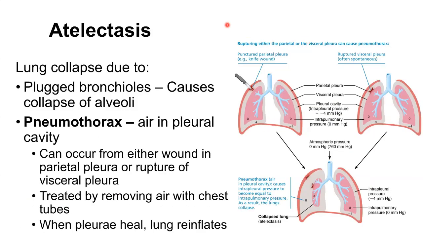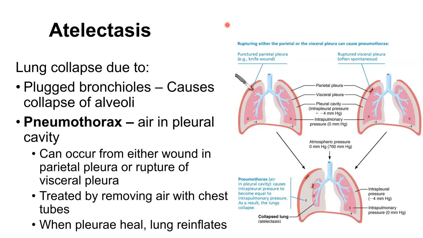So here's a further way to explain that. Atelectasis is lung collapse, and this can be caused by a few different reasons. For example, it can be caused by plugged bronchioles, which causes the collapse of alveoli. Plugged bronchioles might be something that is seen after a patient has pneumonia.